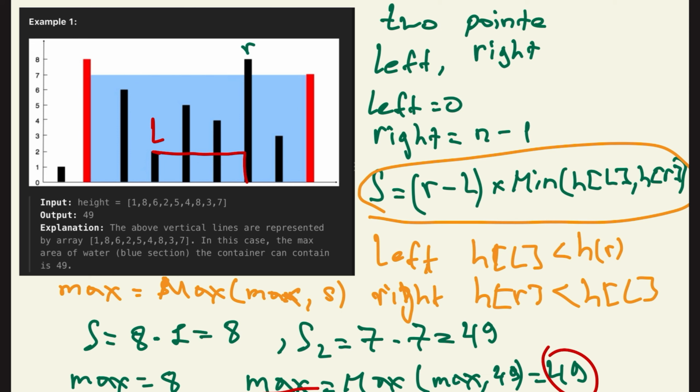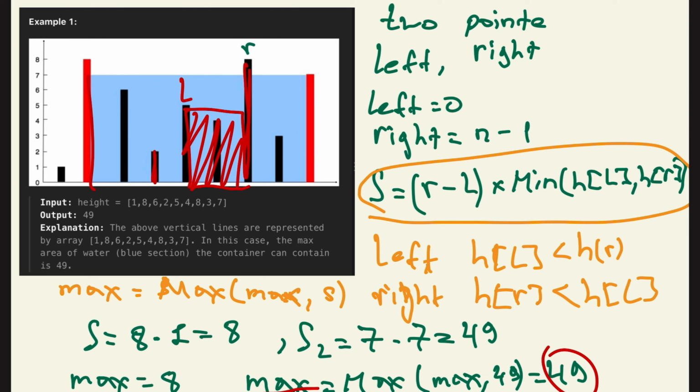So we move left because the height of left is less than the height of right. It's also currently less than it, and we don't need to change our variable max.